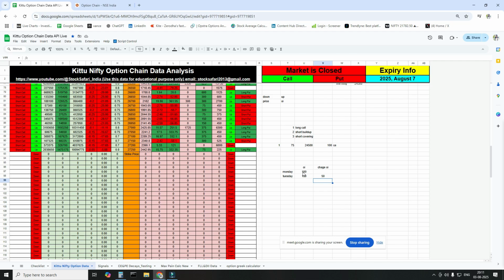We take Monday's end-of-day open interest data, which is 100, and on Tuesday the open interest changes automatically based on new positions building in the market. It can be 200 also. Then open interest is increasing, and change in open interest is also increasing.